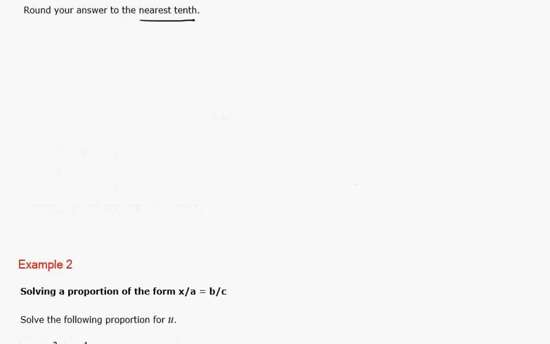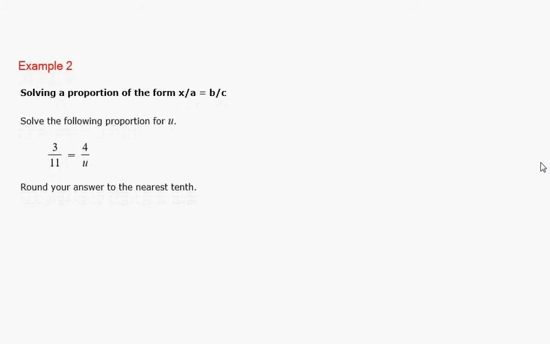We're going to use this technique on some problems. Here's another one, and it has a slight twist to it. Now the variable is on the bottom, which is not good. It makes it a little bit harder to do. There's a short way and a long way.